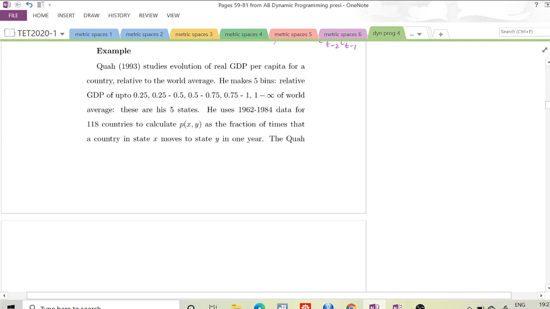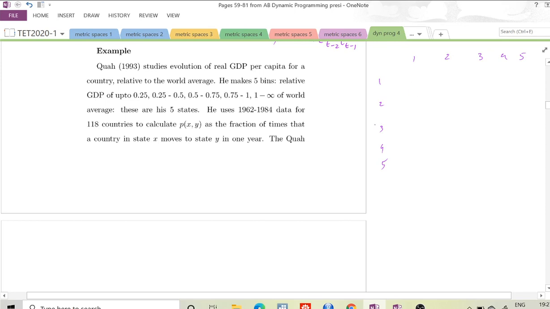And then he says, I will use these 5 bins as 5 states, 1, 2, 3, 4, 5, from poor to very rich relative to world average.